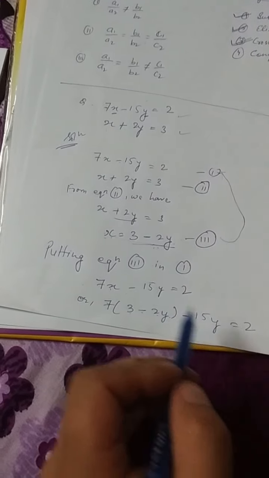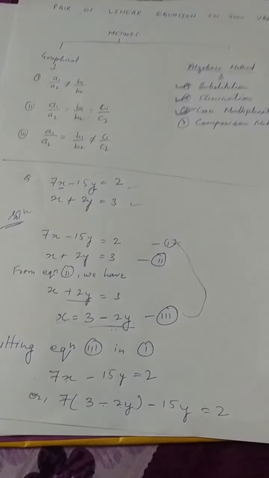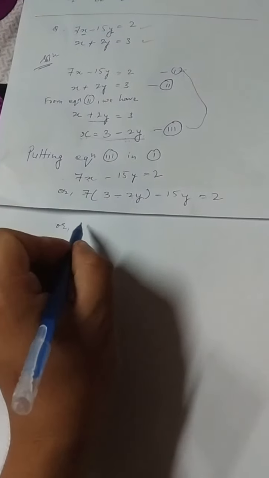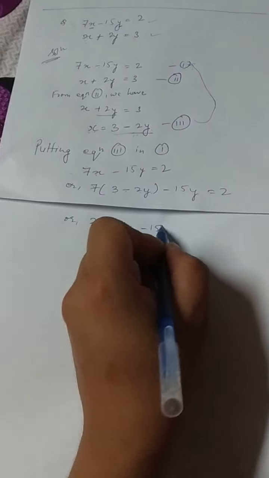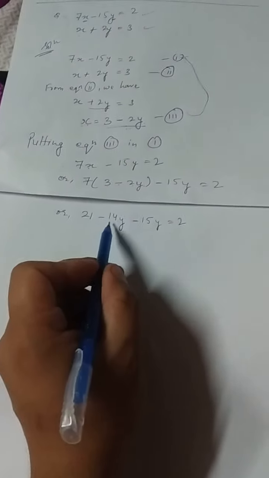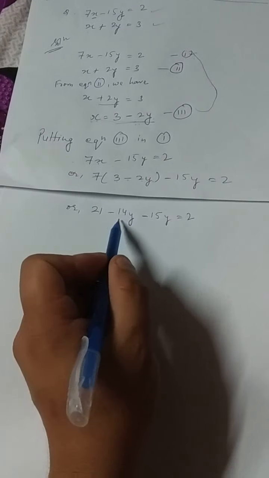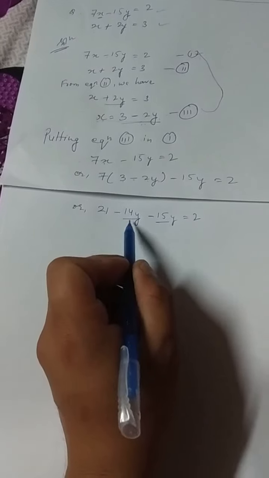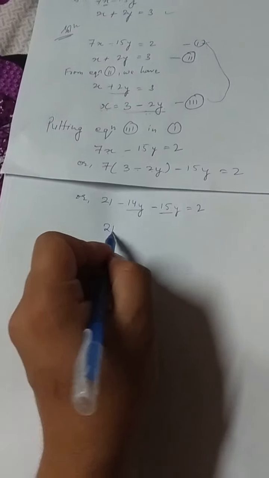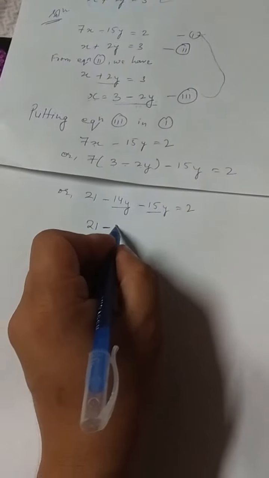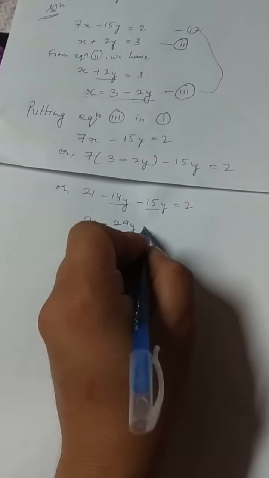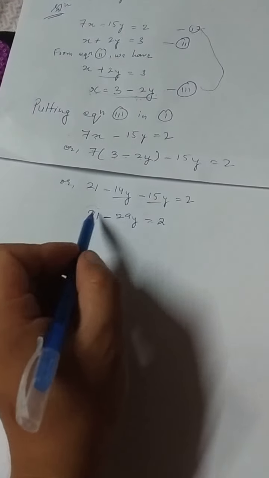Now we solve this and take out the value of y. 7 3s are 21 minus 7 2s are 14y minus 15y is equal to 2. This is negative and this is also negative, both are in the y variable, so we add them and keep the negative sign.